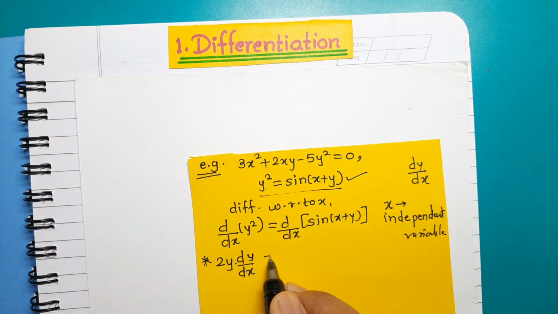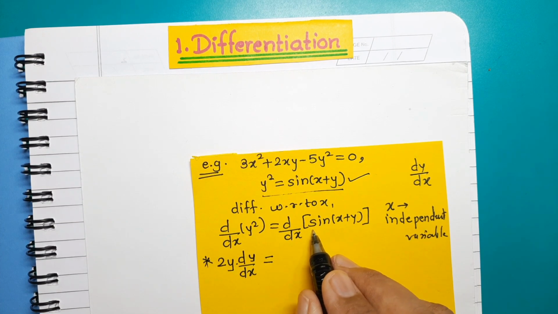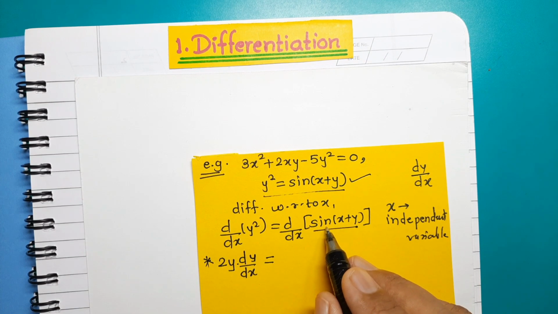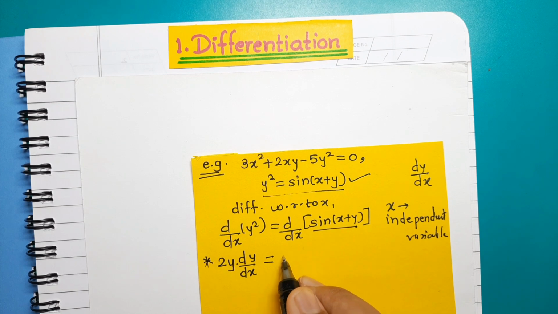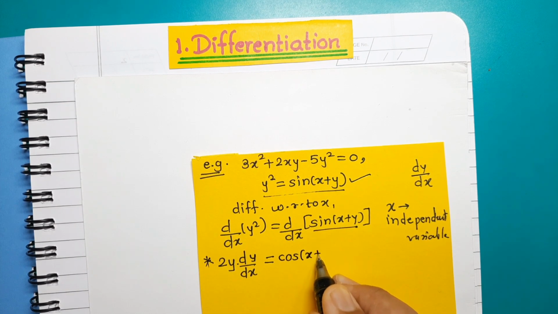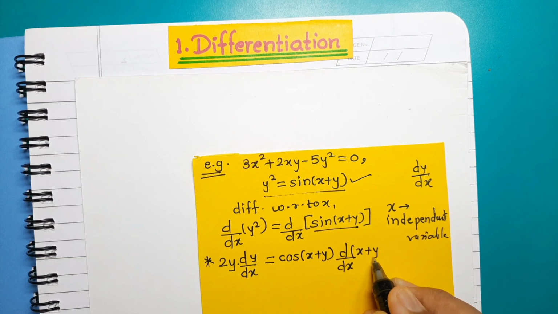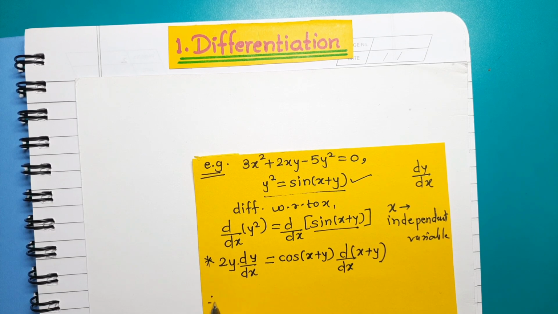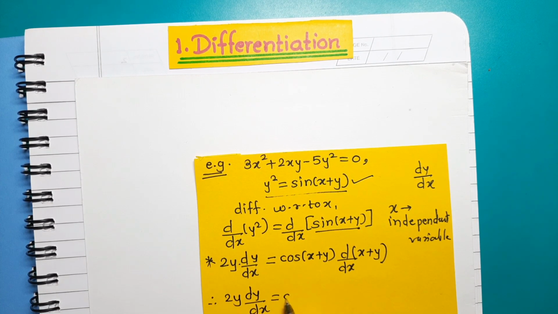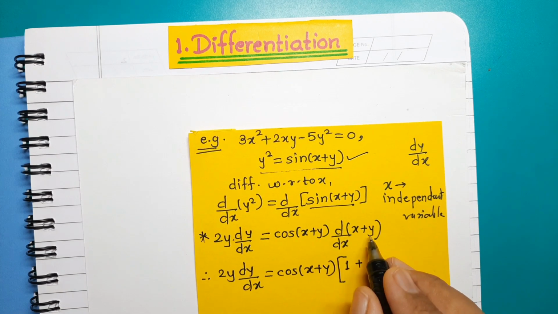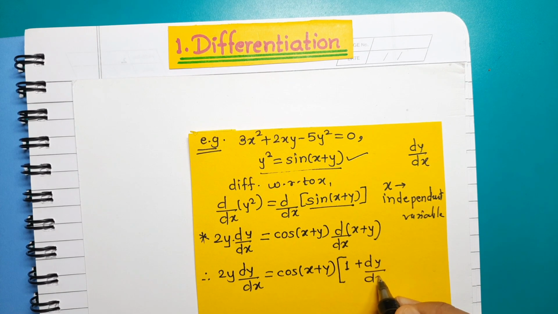Then see, here again it is a composite function. So we are going to treat it as sine of something. Its derivative is cos of something into the derivative of something, which is x plus y. So here we have 2y dy by dx is equal to cos of x plus y into, see, the derivative of x is 1 plus the derivative of y is dy by dx.